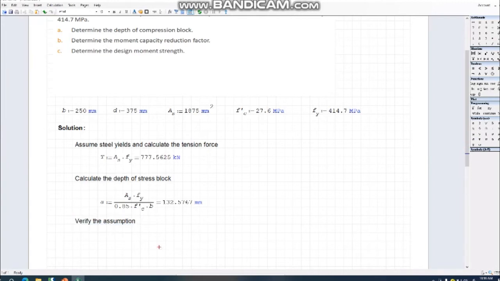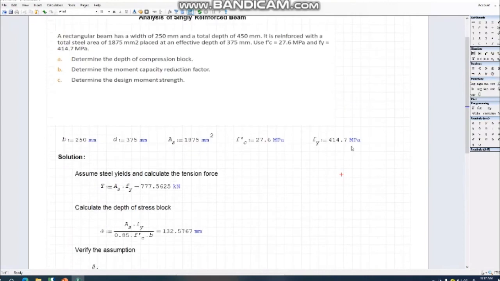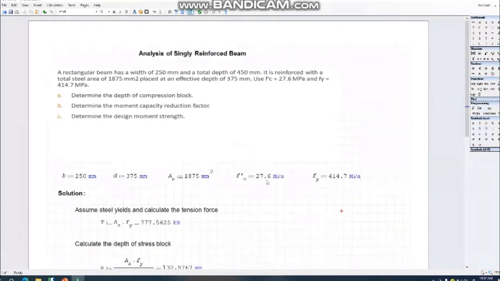So we go back to the steps of method 1. That is step 3: check that the tension steel is yielding, by calculating c. But before you calculate c, we calculate beta 1, based on our fc'. Our fc' is 27.6.